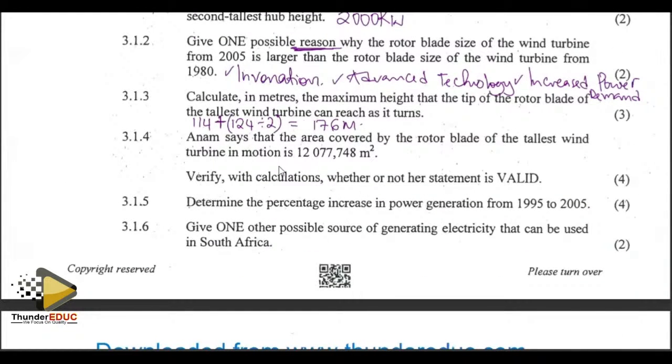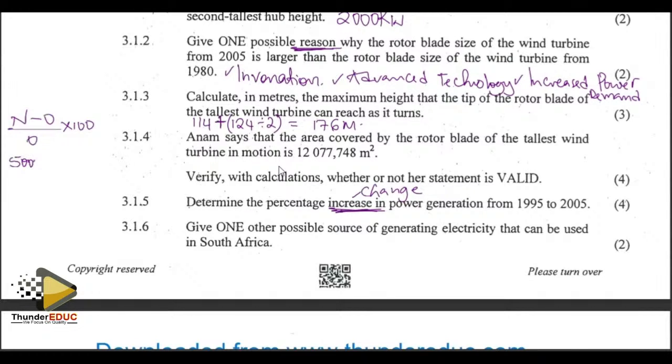Determine the percentage increase in power generation from 1995 to 2005. Whenever you say percentage increase, in other words, you're looking at percentage change. So we shall always get the new minus the old over the old times 100. So in 2005, we have 5,000 kilowatts.